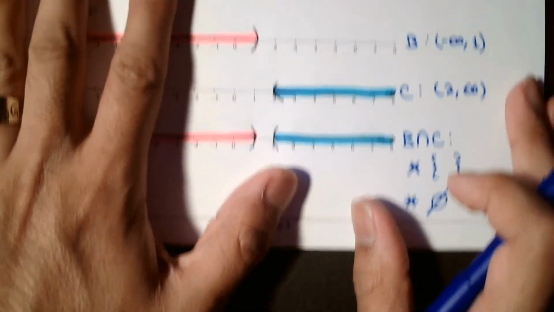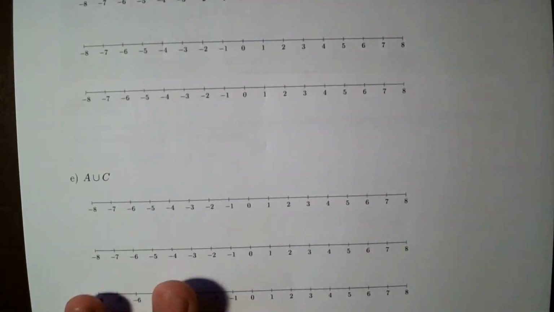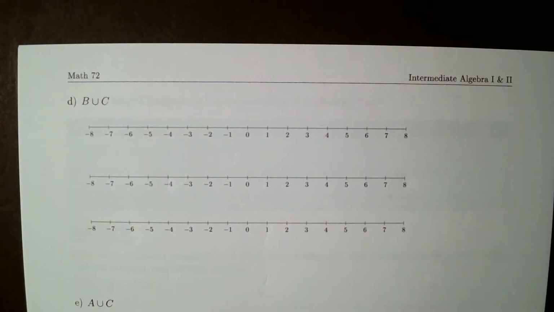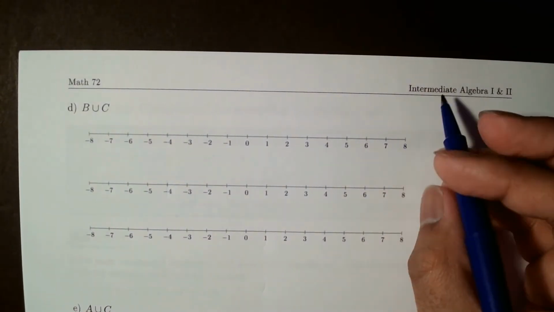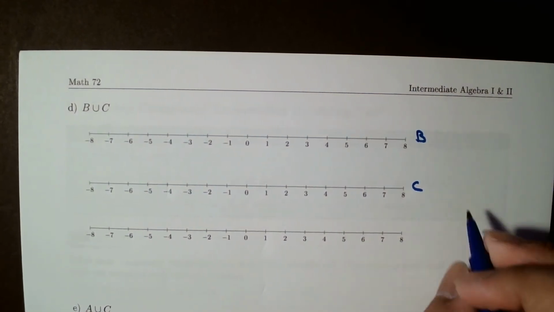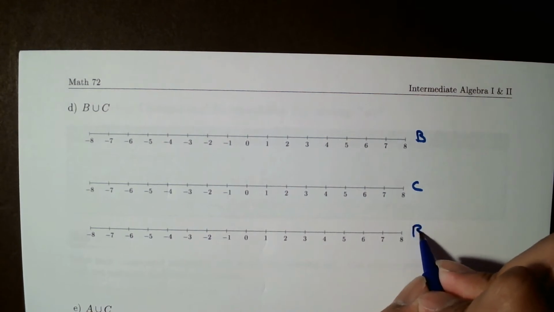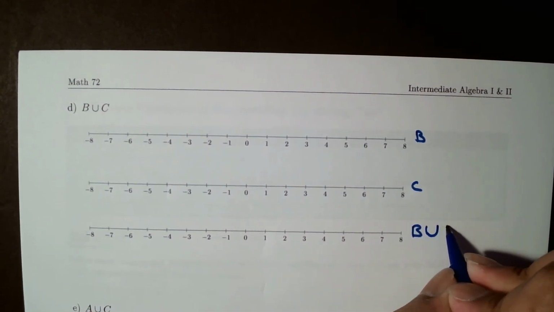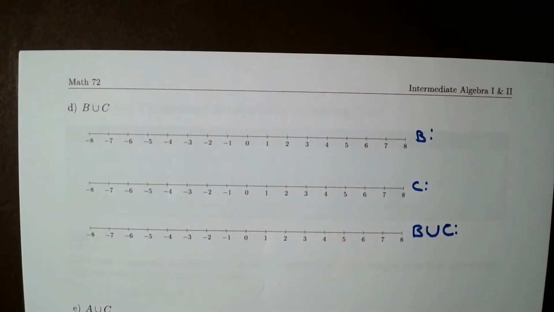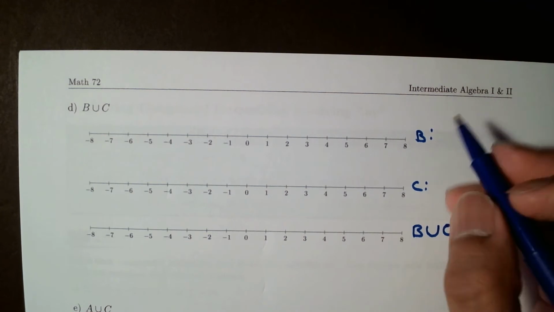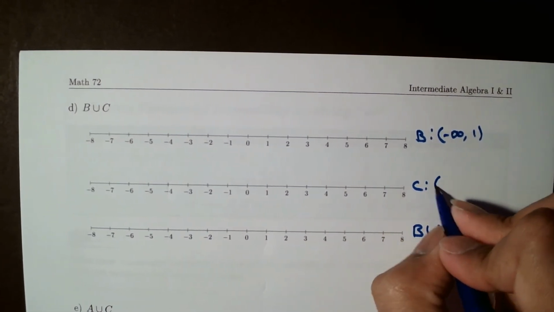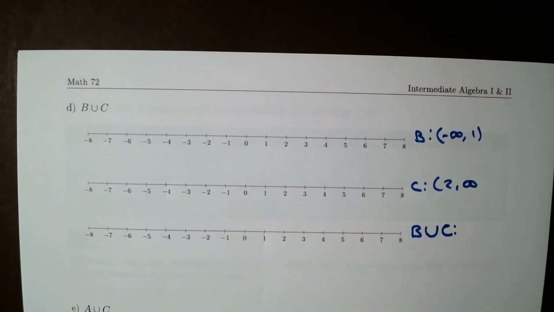All right, now let's look at the next case, with union. So let's do B and C again, just like the previous case. We're going to look for B union C. Let's write this down. B, again, is negative infinity to 1, and C is 2 to infinity. Let's find out what this is.